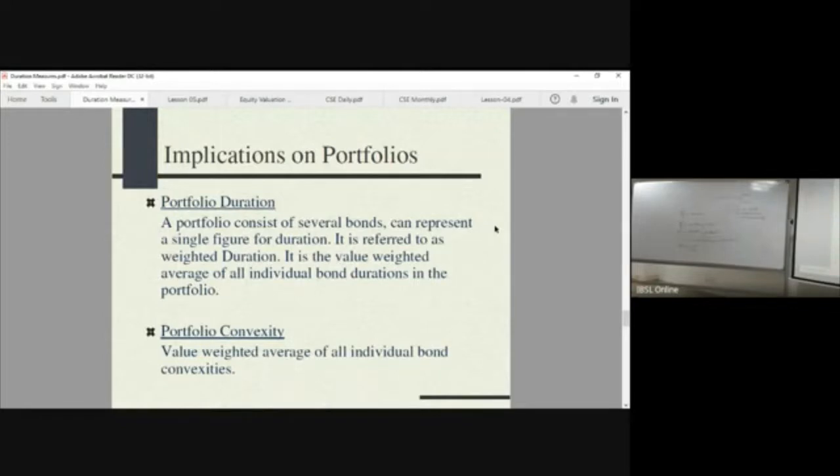Convexity is also the same. If you know the convexity of each bond, you will have the convexity of the portfolio in the same way. So you get it by weighting.